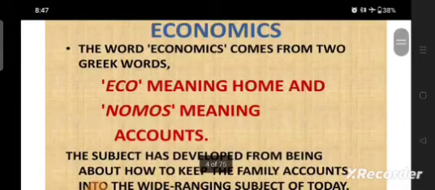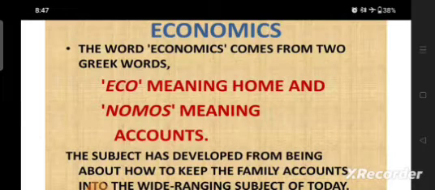Before starting, let us study what we mean by economics. Economics has come from two Greek words, eco and norms. Eco means home and norms means account. In the earliest days, economics was used by the family to maintain the family accounts.